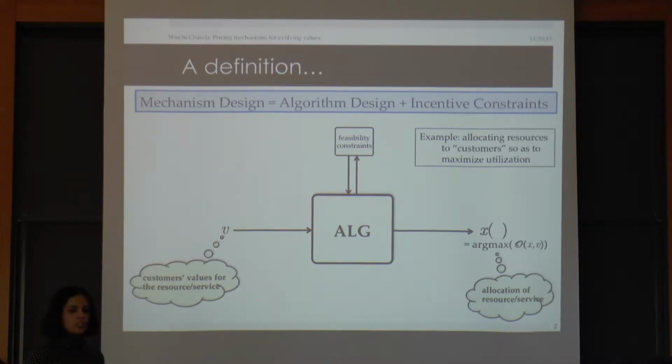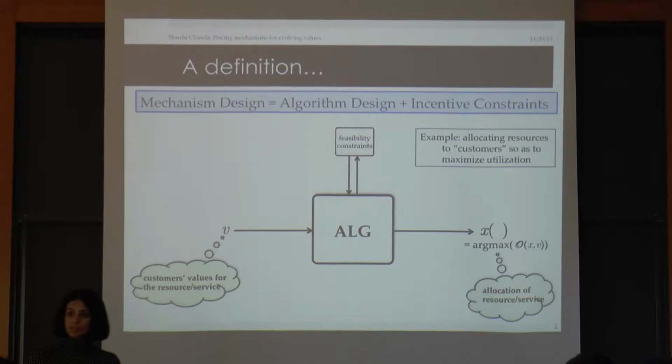And let's say what you want to achieve is good utilization of your resources. So everyone has some value that they get out of using these resources. And one example of an objective you might have is to allocate resources to people that get more value from them. So this is like efficiency of allocation.